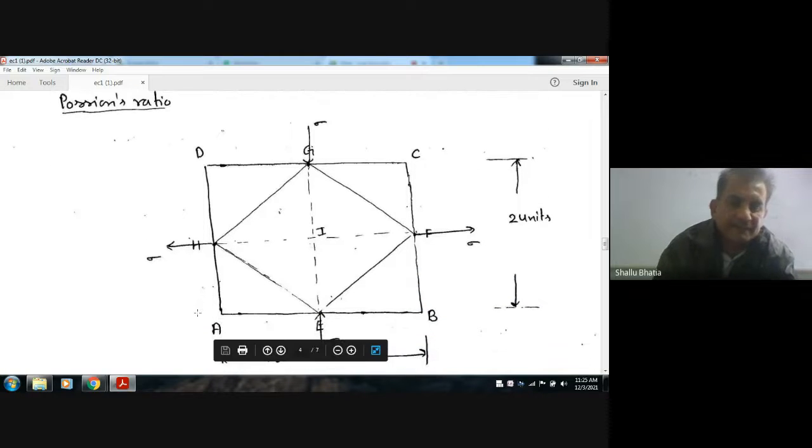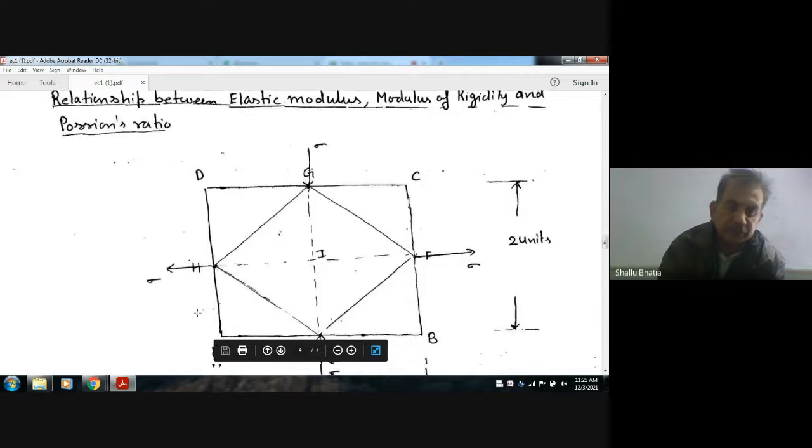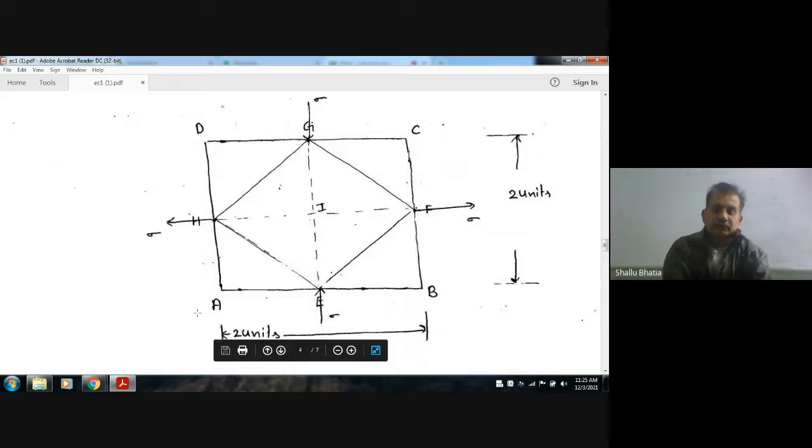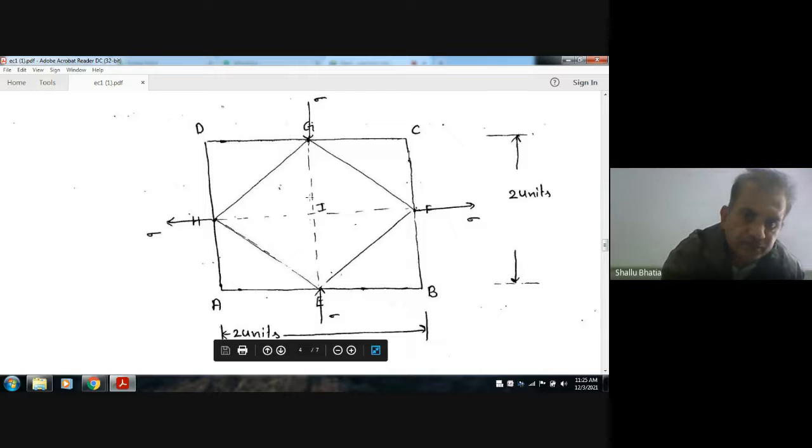Okay. Now to derive the relationship between elastic modulus, Poisson's ratio and modulus of rigidity, we take a block of dimension 2 by 2 units and apply a tensile stress and a compressive stress in the x and y directions.